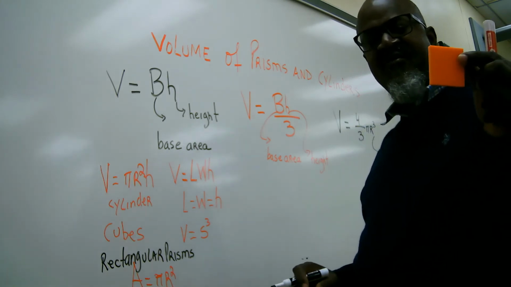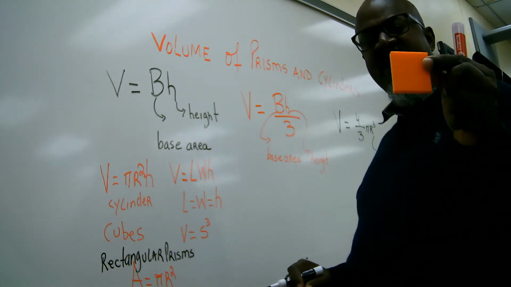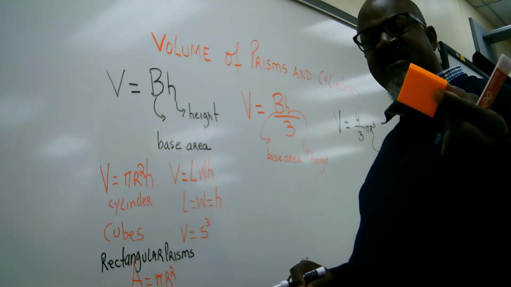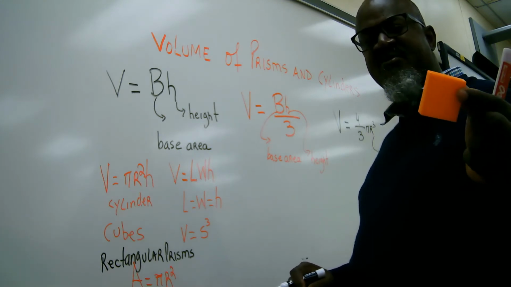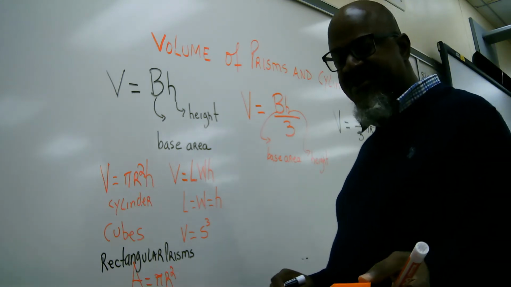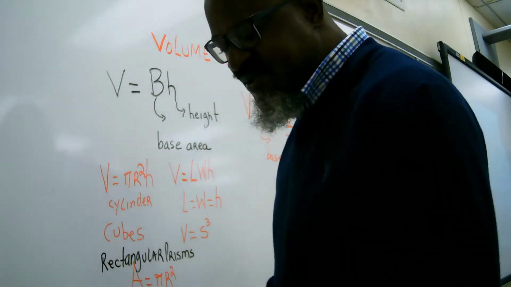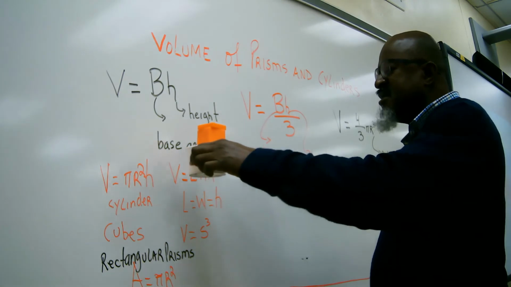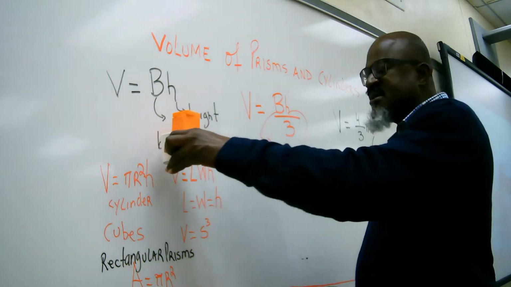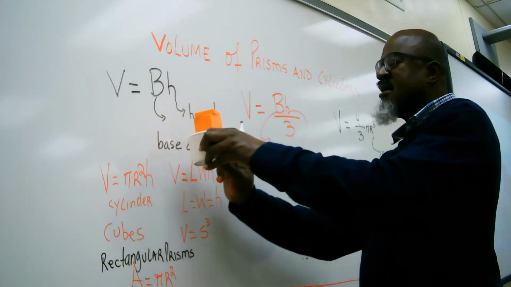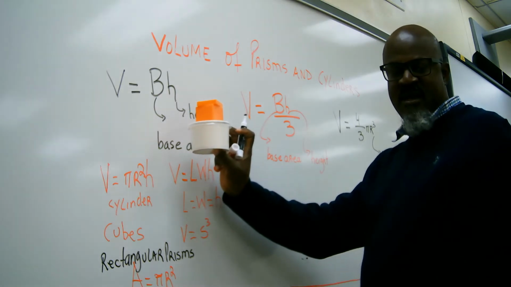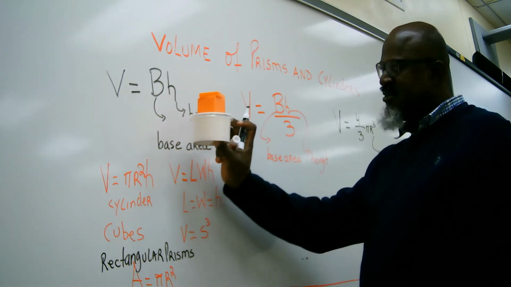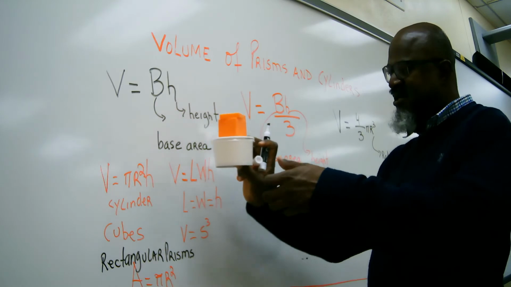Whereas for a rectangular prism, the dimensions are not necessarily the same. They are going to be different. So the first formula works for a cylinder, cube, and rectangular prism. That's why you're going to match those formulas.